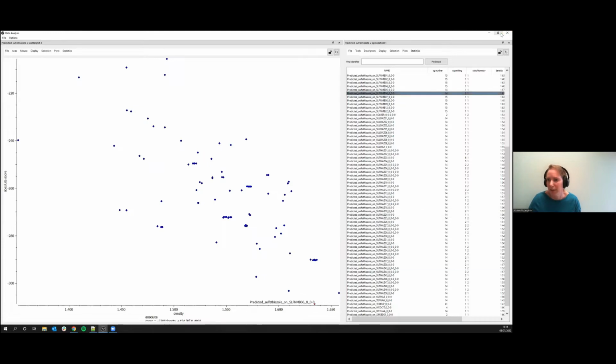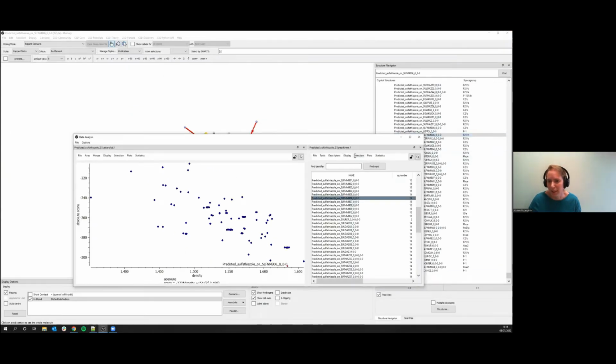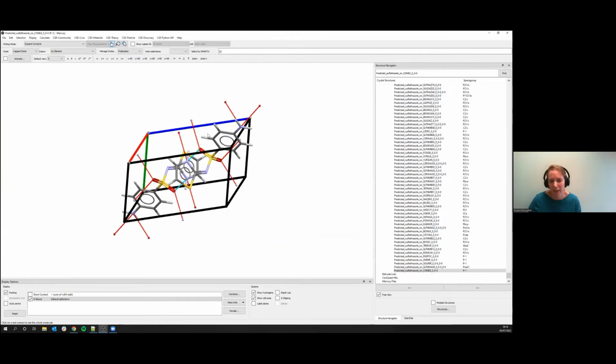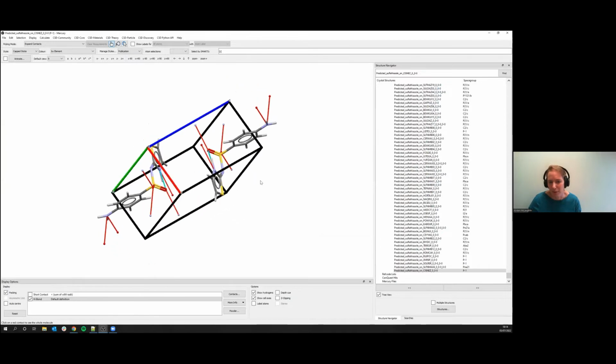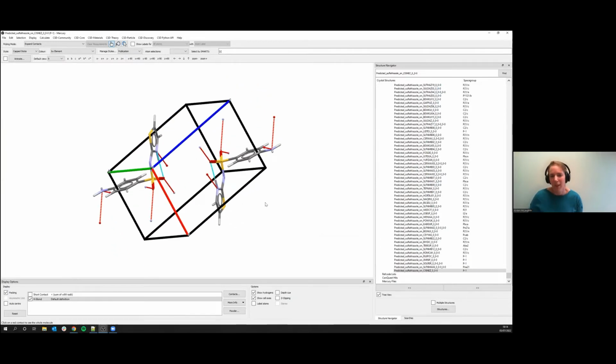And if we click on these, you can see that it gets highlighted here and here. And we can start actually taking a look directly at these structures and how they behave. So that's a bit about the tool. And of course, you're welcome to ask for a demo and see it in more detail.